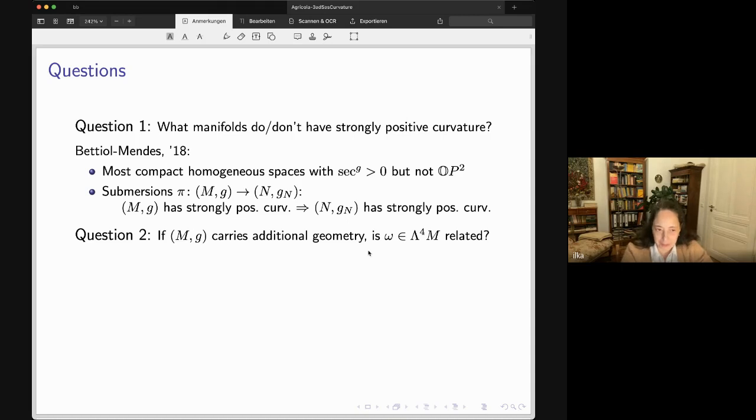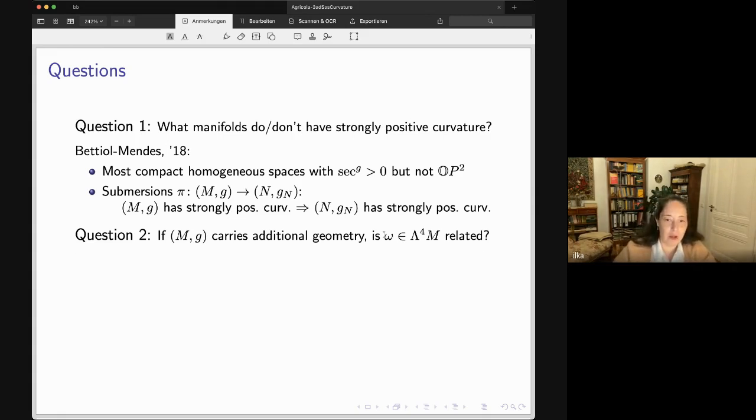The motivation being, if I know a lot about the geometry of the manifold, it should be possible to see the four-form from the geometry and see that it has a certain meaning. And from my point of view, this is the main contribution of this talk, namely it produces in certain geometric situations, which I'm going to describe, candidates for omega, and then we prove that omega basically works.